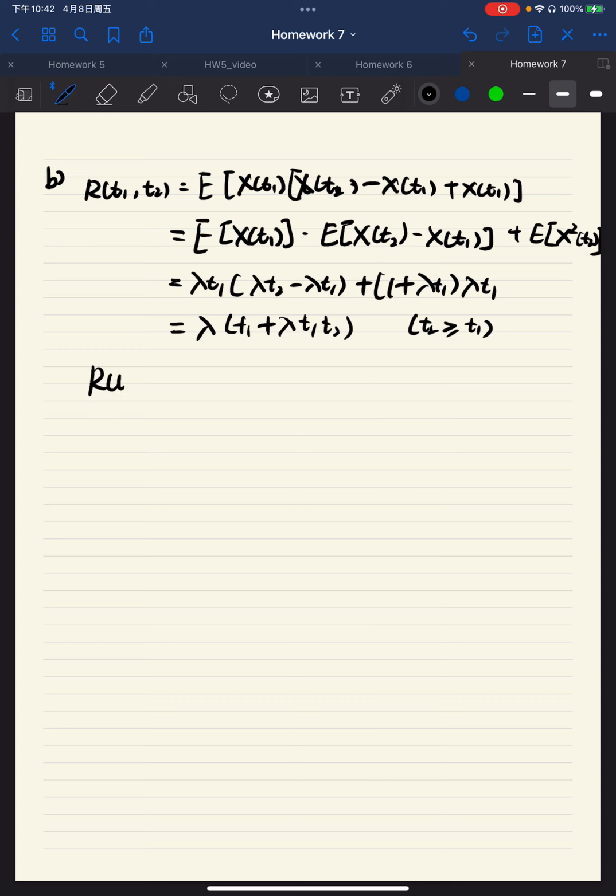And if t2 is less than t1, t1 and t2 are swapped, which gives lambda times t2 plus lambda squared t1 t2.